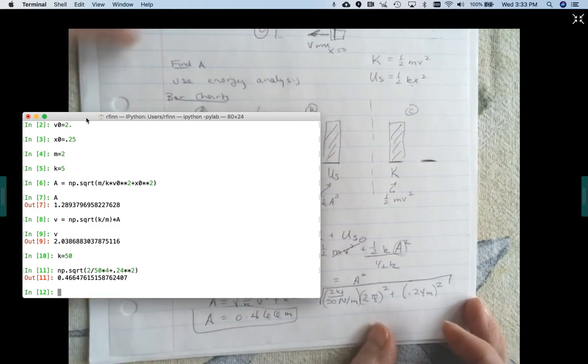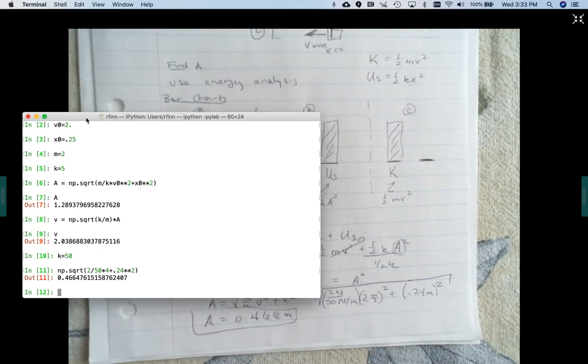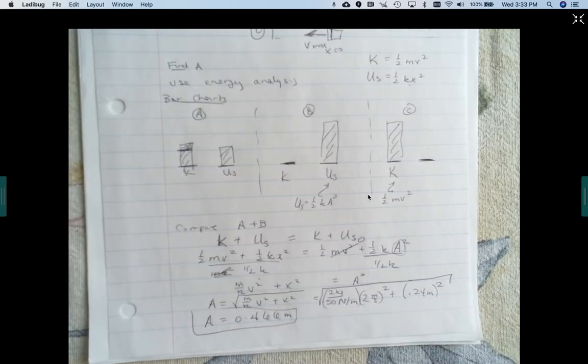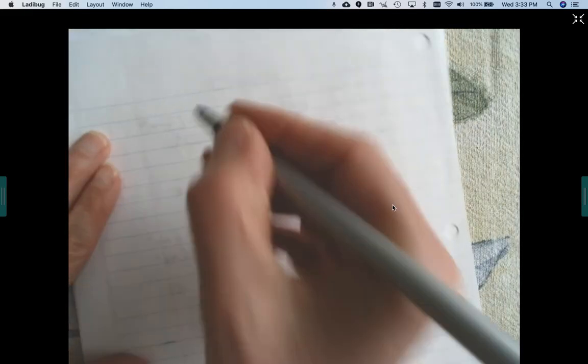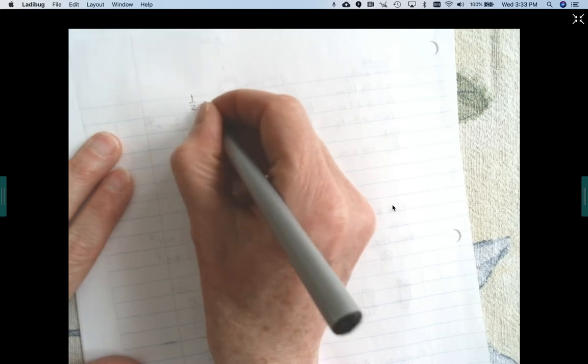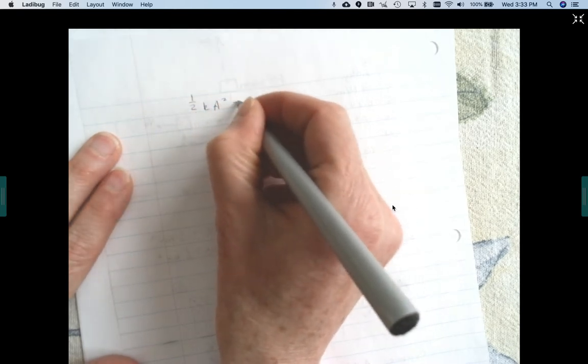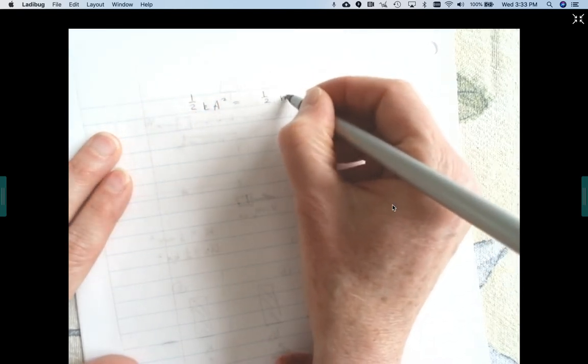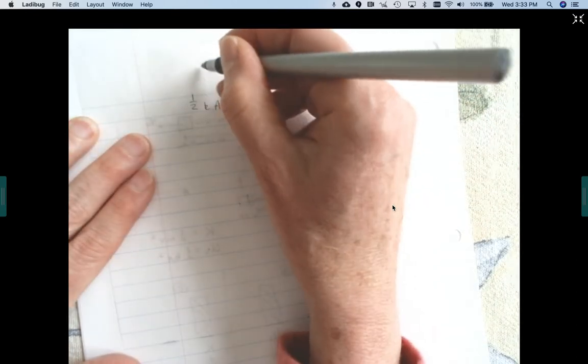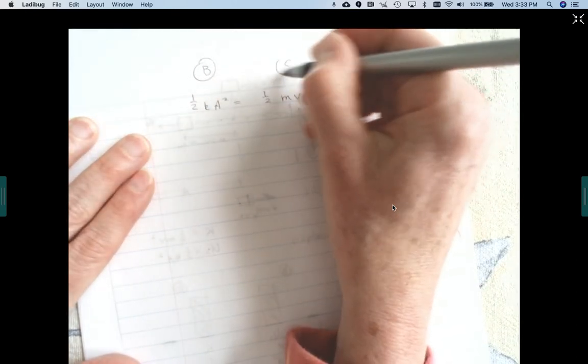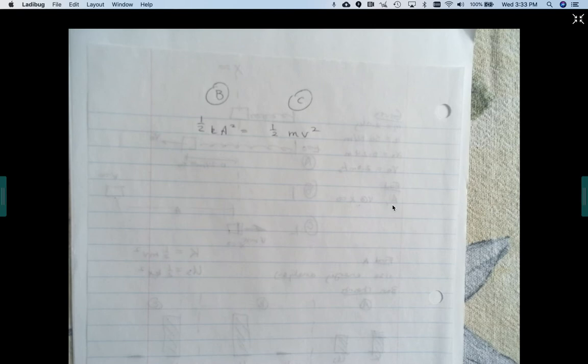Okay, and then we have to find our velocity, which again, we can use the same relationship, right? 1/2 k A squared equals 1/2 mv squared. Doesn't matter what points we set equal to each other. So this is at position B, right? And this is at C. That's what our energy would simplify to.